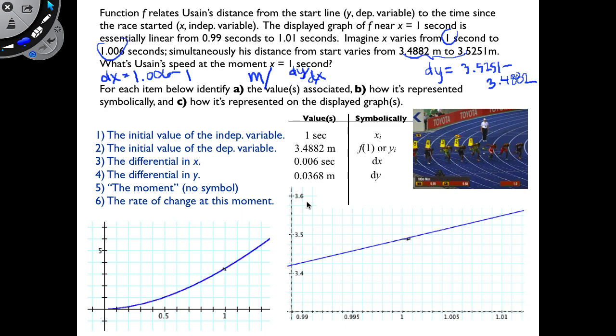But this graph over here, or some interval around x equal to 1 that's much closer in, it looks like a constant rate. So just using this picture, I'd say about 0.99 to 1.01. If I zoom into that specific window, if I look in that close, then it looks to me, maybe to you, like it's a straight line.